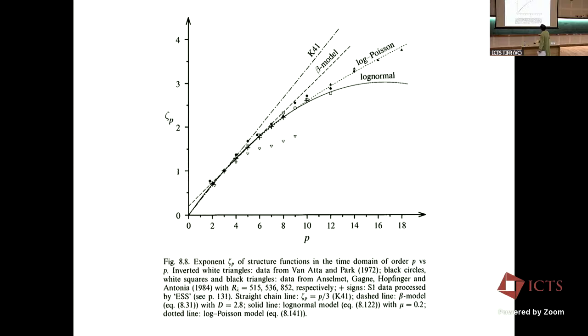This is data from some years ago. And what you see is this p by 3 line of Kolmogorov is certainly not compatible with the actual data that you're going to measure from, let's say, a wind tunnel or sending a balloon up in the atmosphere or going down to the depths of the ocean where the flows are turbulent, or putting a little measuring device inside your washing machine when it's going full tilt.